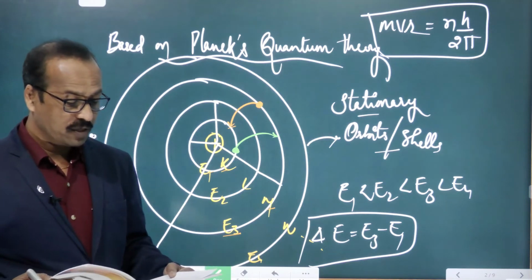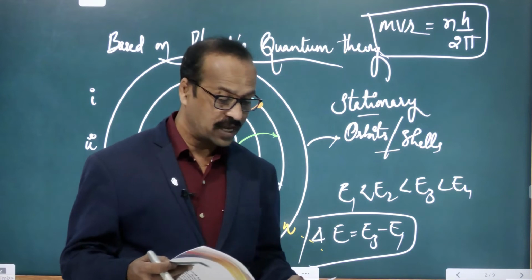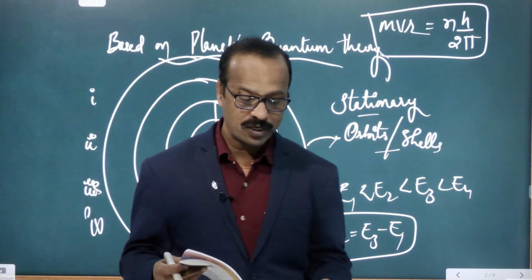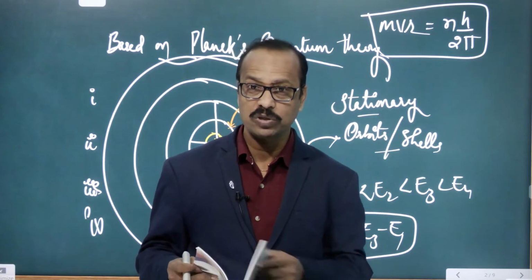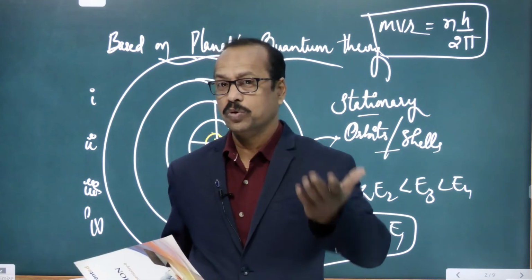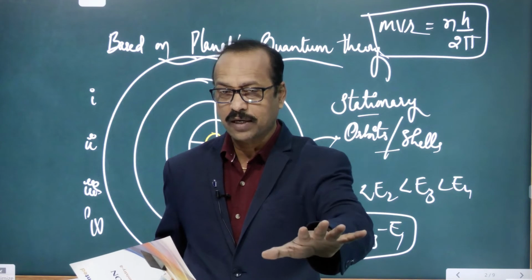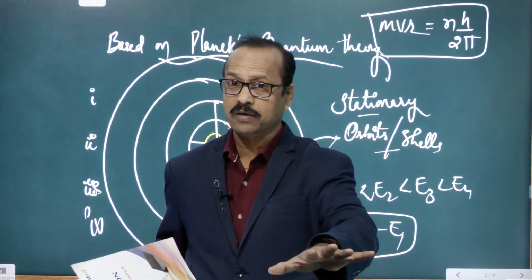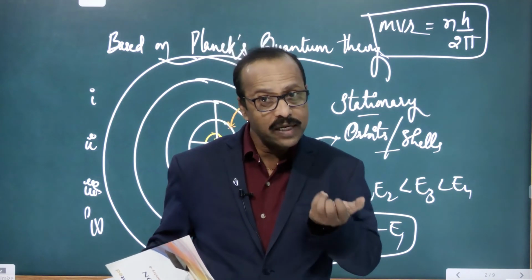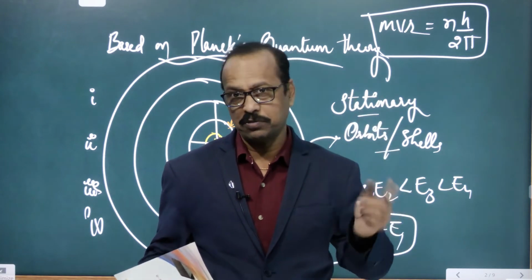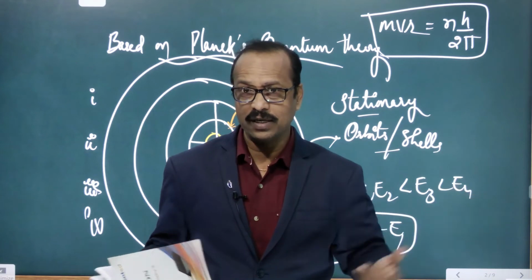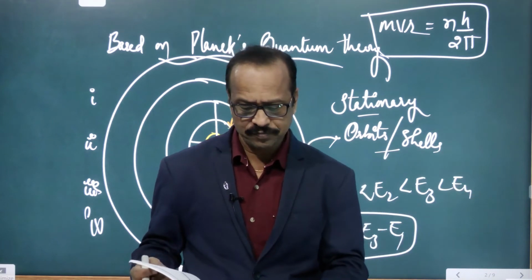And the condition for emission or absorption of energy: an electron can move from one orbit to another only when it loses or gains energy. When an electron jumps from a high energy orbit to a lower energy orbit, it emits energy and forms the emission spectra. When it absorbs energy, it jumps from a low energy orbit to a high energy orbit, and that forms the absorption spectra, which we already learned in the previous classes.